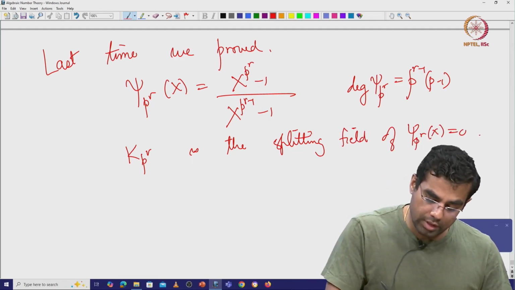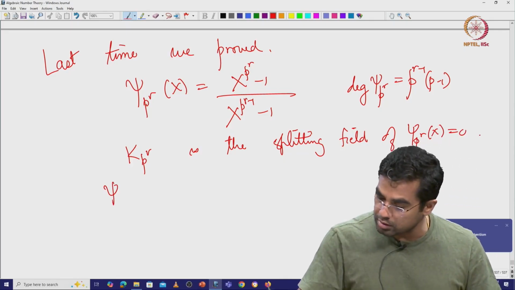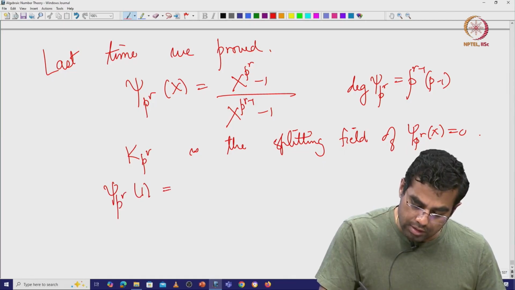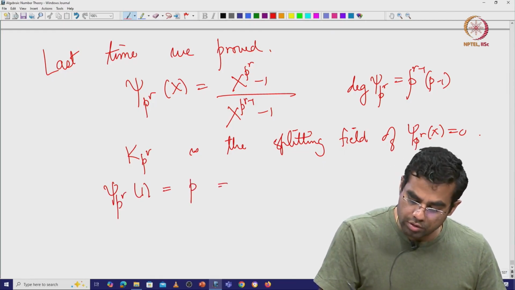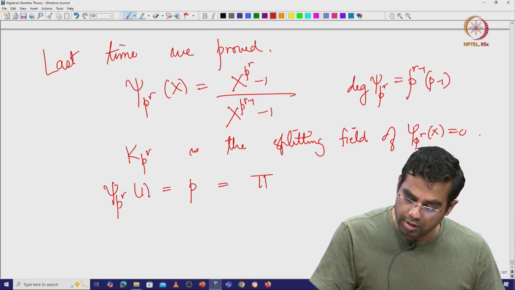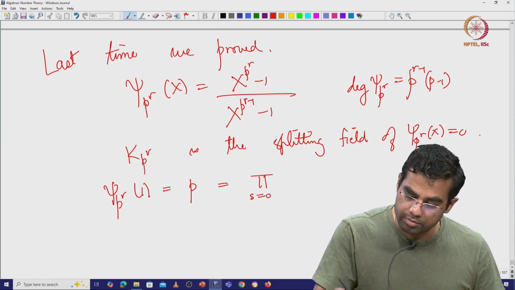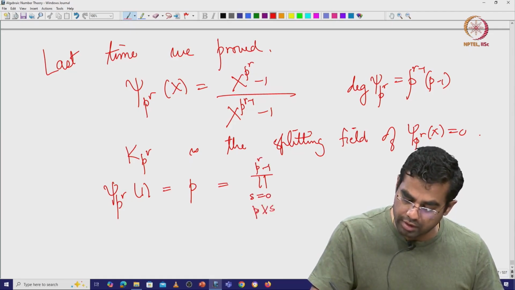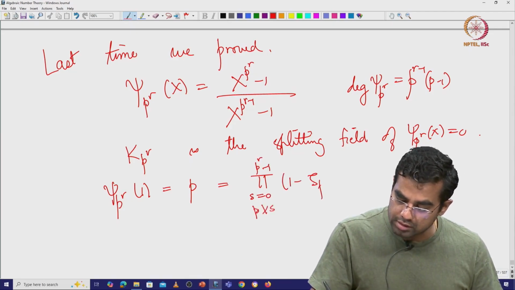Not only that, we proved that psi p to the r of 1 is p, and this is also equal to the product over s going from 0 to p to the r minus 1, p not dividing s, of 1 minus zeta p to the r to the power s.